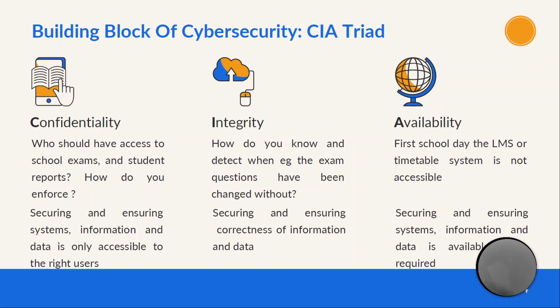By confidentiality, we mean that information should only be accessible by people who need to have that access. For example, this call is only meant to be accessible by those in the cybersecurity cohort. So how do we ensure that is done?